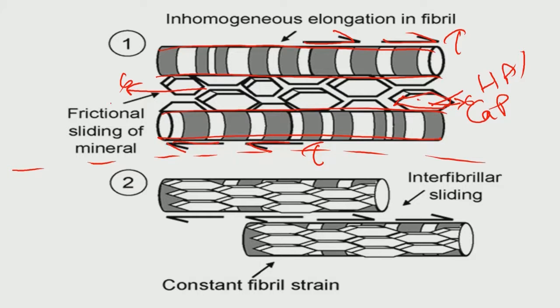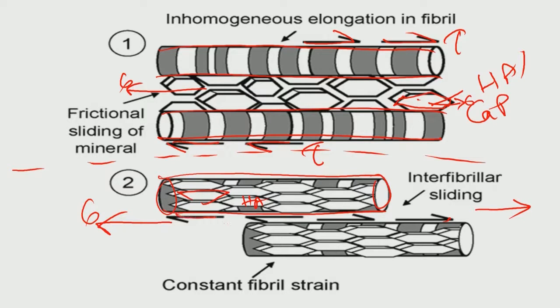The other scenario is that you have the collagen bundle, and within this collagen bundle you have the hydroxyapatite platelets which are contained well within the collagen bundle, and this hydroxyapatite loaded collagen bundle experiences the global tensile stress.